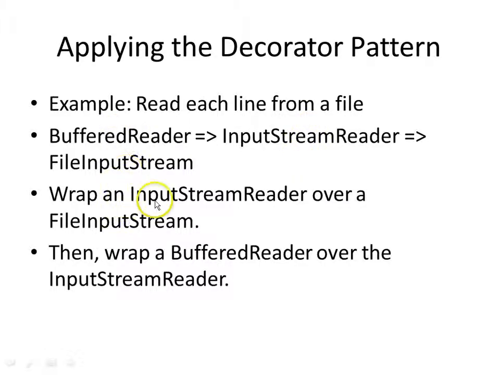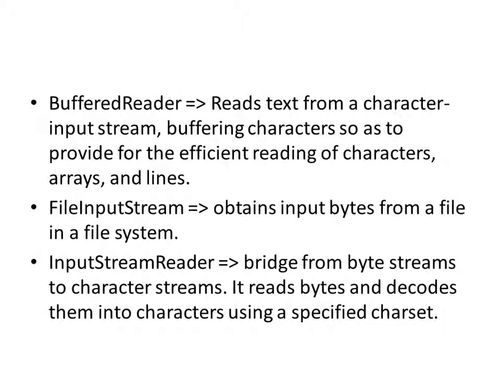So the way it works is you create a FileInputStream object and wrap it inside an InputStreamReader. Then you wrap a BufferedReader over the InputStreamReader so that you can read one line at a time instead of character by character. So the BufferedReader, let's look at this.